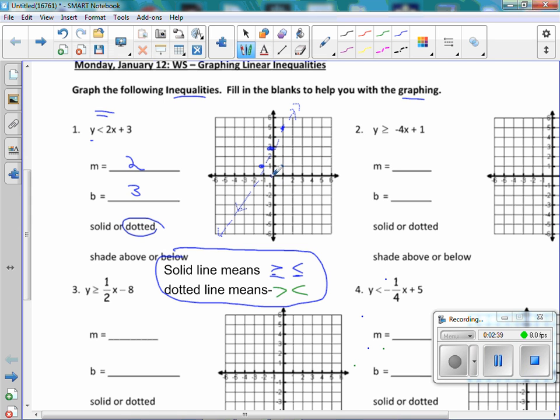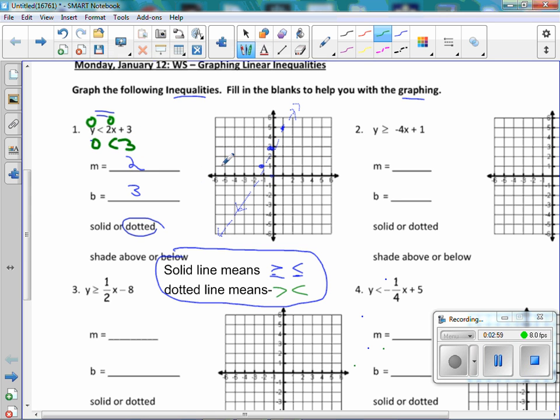The easiest point would be to choose 0, 0. So if we choose 0 for y and 0 for x here, we would be saying that 0 is less than 3. Is 0 less than 3?